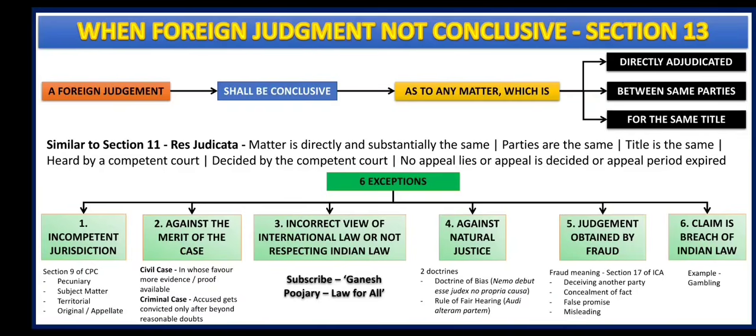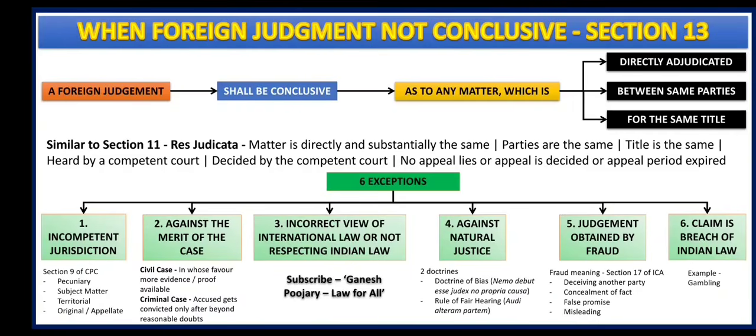In that case, we cannot bring the suit again as under the concept of res judicata, and the same applies for the foreign judgment also. Once the foreign judgment is given, it should be considered that such judgment is conclusive. That is all about the first part of section 13.